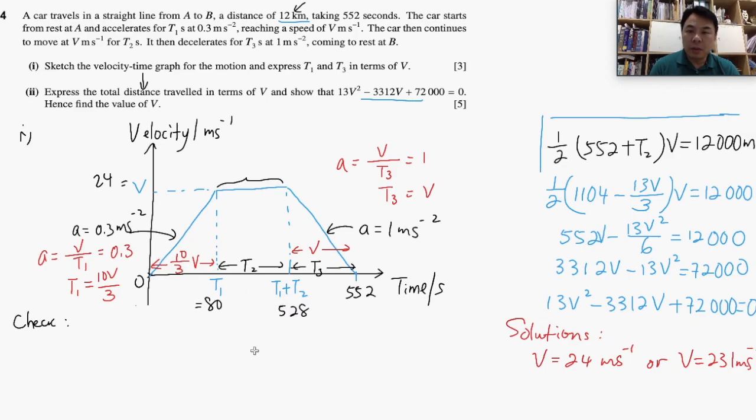Okay, so far. So if I like to check there, just let me check everything. So let's use this to find the total distance, whether the total distance is actually equal to 12,000. Let me use S to represent the total distance. It's given by half multiplied by 24.